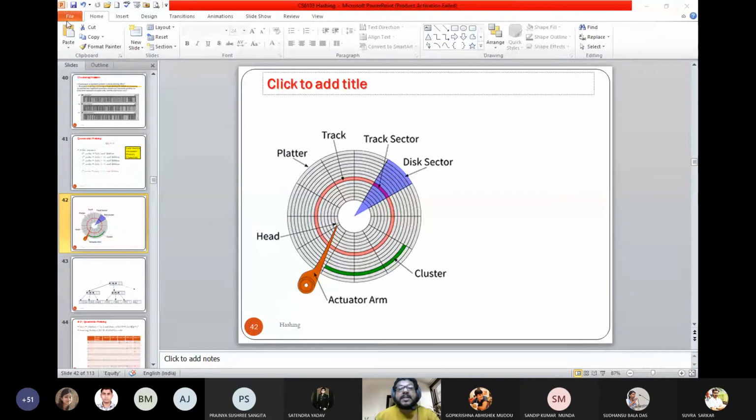All the concentric circles together represent a cylinder on a disk. The heads are fitted to a single spindle, and simultaneously they are capable of reading or positioning themselves on a track. Then another index is used, because there are a number of platters.